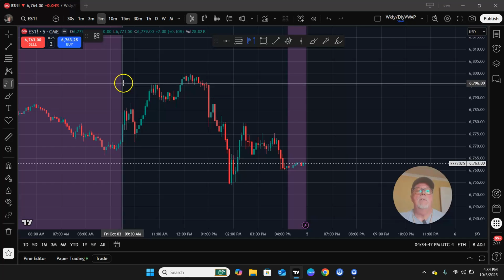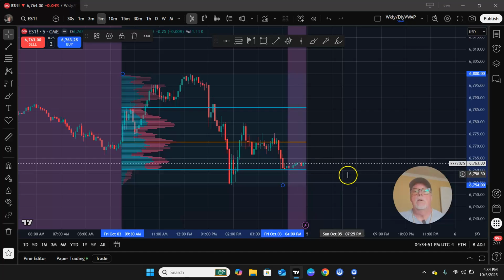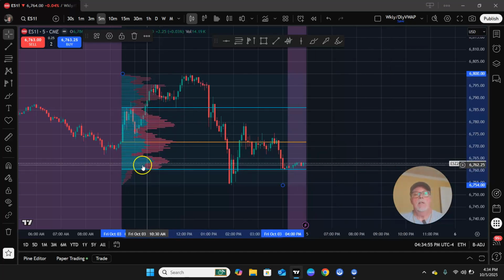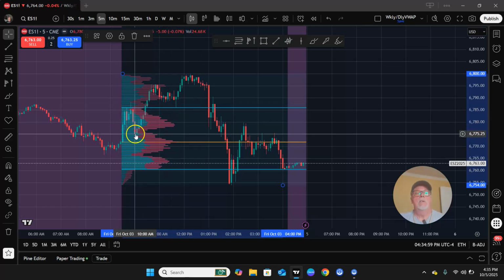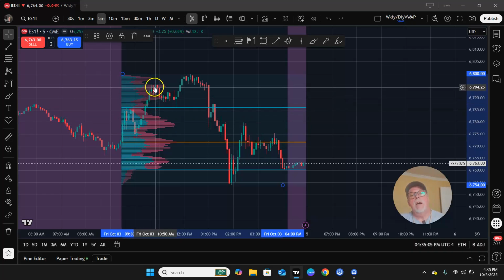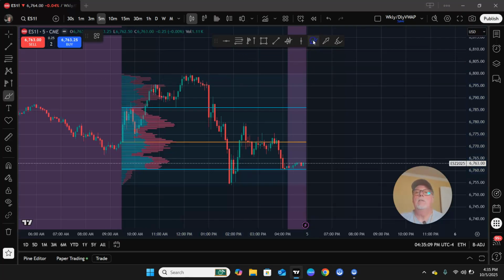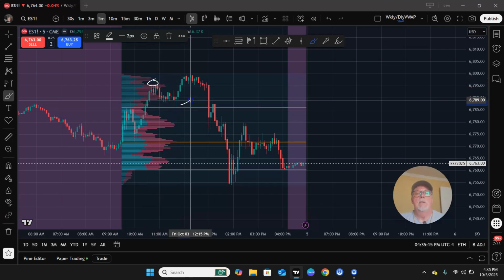All right, it's from 9:30 to 4. Here we go. There it is. So 68% of our data is here. You notice how when we left this area and came out of the value area high, trying to seek higher prices here, then we went back down and we tested.